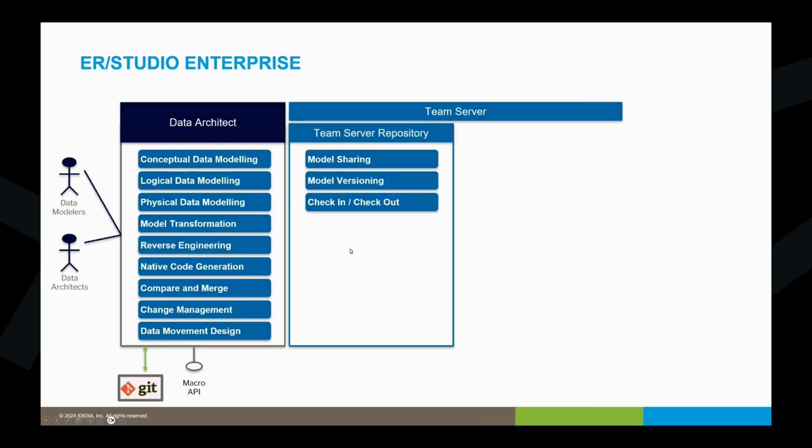The second part of ER Studio Enterprise is this idea of a central source of truth, the repository. It turns Data Architect into somewhat of a thick client, and this repository stores all those thousands of metadata objects that are associated with your models, and provides a means of linking them together to build the foundations for an enterprise metadata management program.